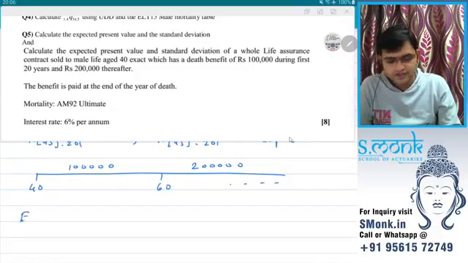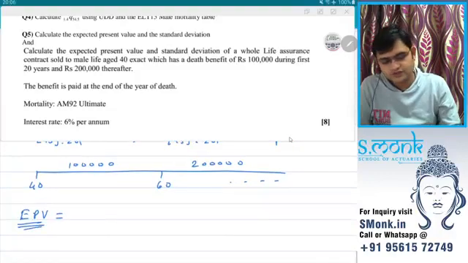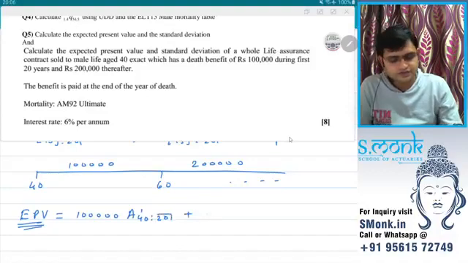So the expected present value: we'll say 20 years of term assurance of 100,000, so 100,000 A 40-20, plus 200,000, after the person survives for 20 years only, then it will start.